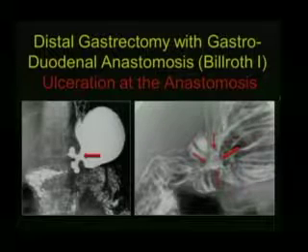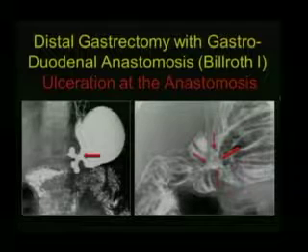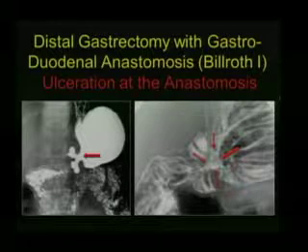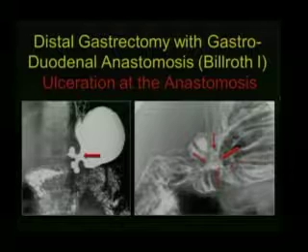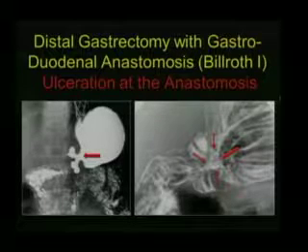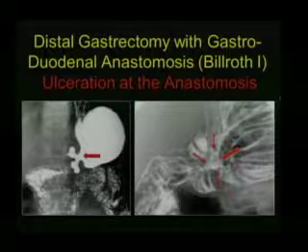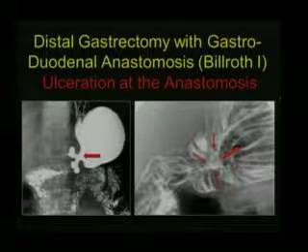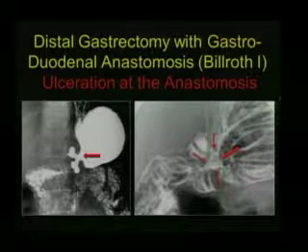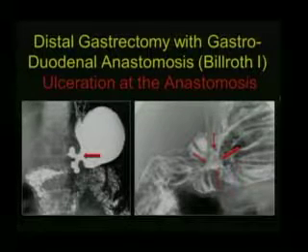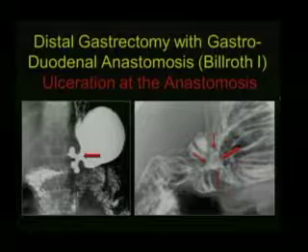The outpouchings are created just due to the increased pressure because of the stricture? No. Okay. When you have an ulceration, you have scarring, and the scarring produces traction. This is the traction due to scarring that is generated by the ulceration.